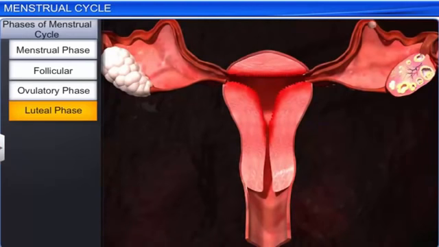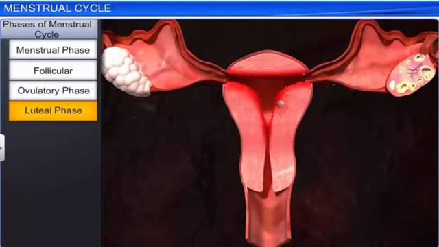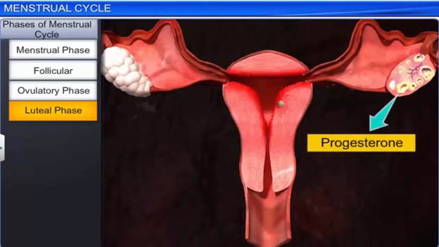For instance, a fertilized egg gets embedded in the endometrium and derives nourishment from it. The corpus luteum, on the other hand, starts secreting progesterone that helps maintain the endometrium and encourages the growth of the developing embryo.